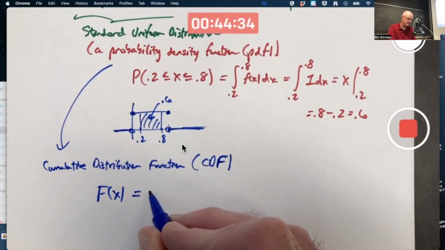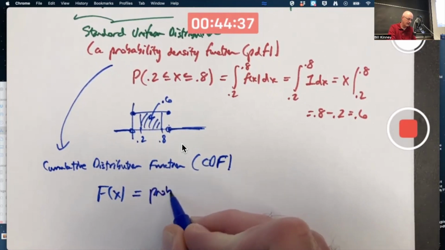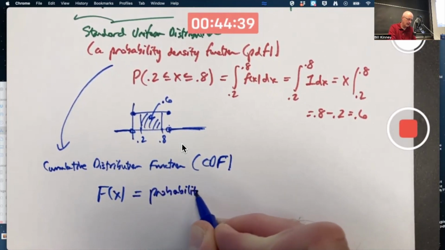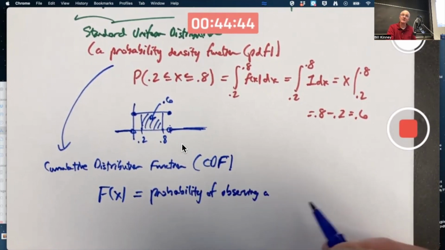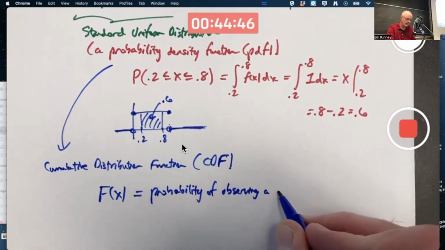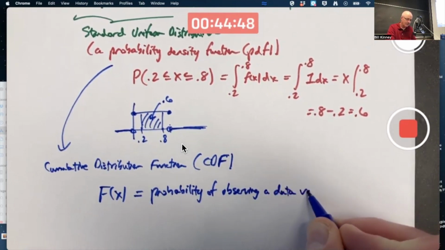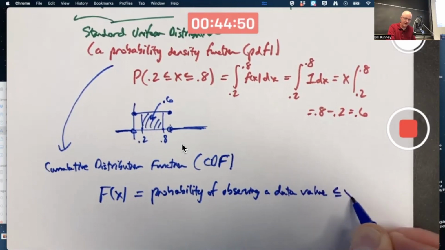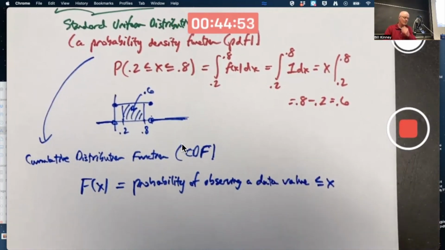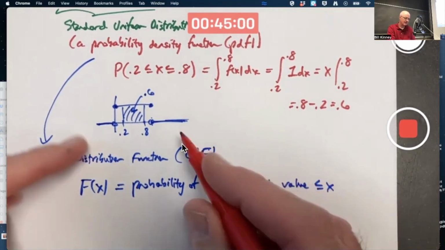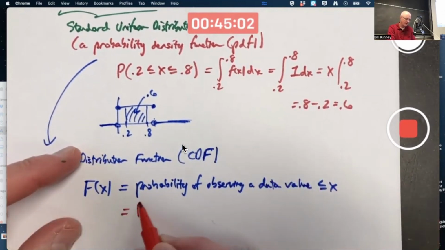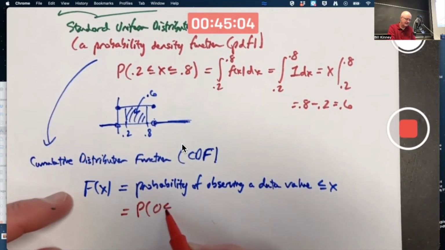Let me write that out in words. Probability of observing a data value, like a random number, less than or equal to little x. For our particular example, this uniform distribution, we could write that like this.